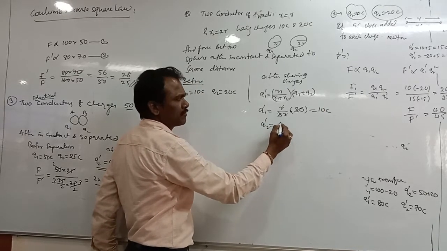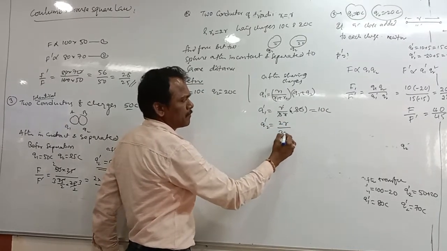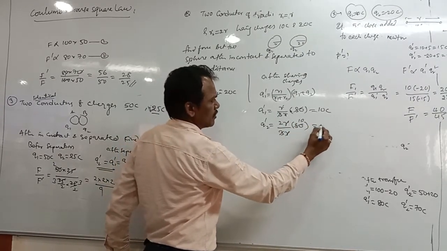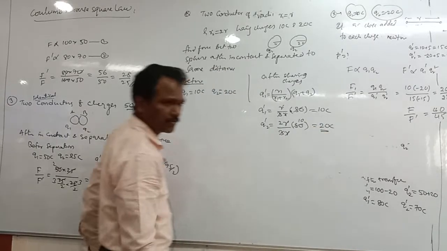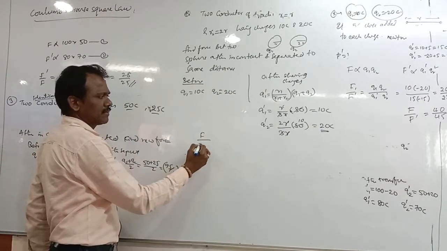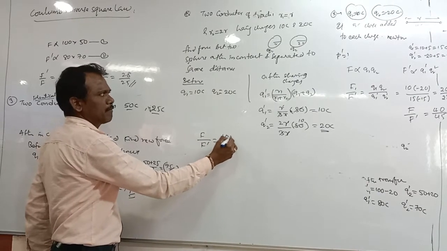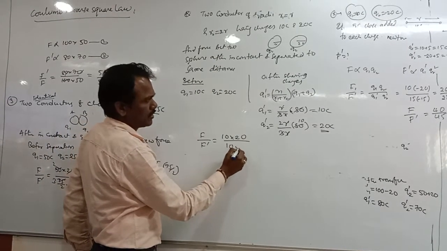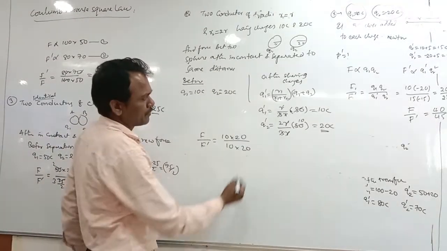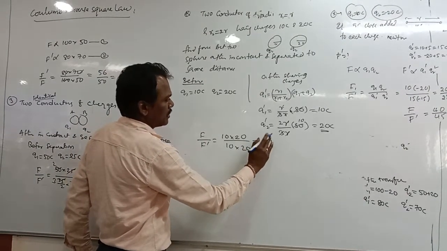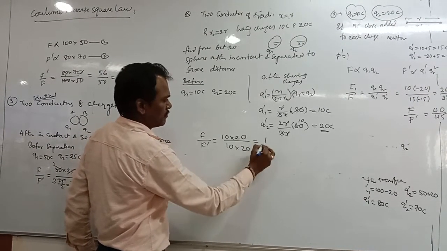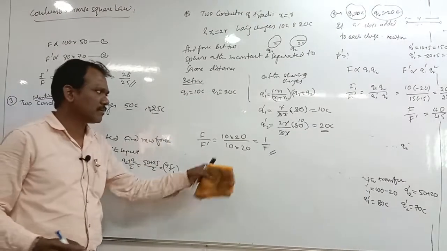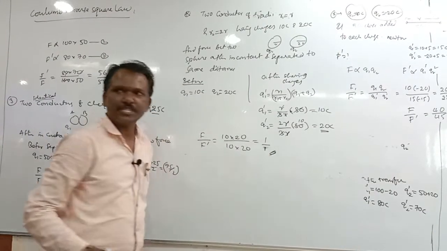Q2 dash is 2R by 3R into 30, that is 20 coulombs. So the forces F by F dash is 10 into 20 divided by 10 into 20, which is 1 is to 1. The ratio before and after is the same; the force is unchanged.